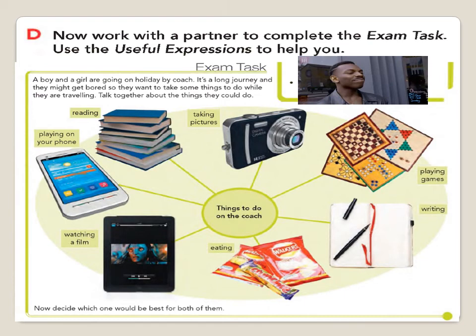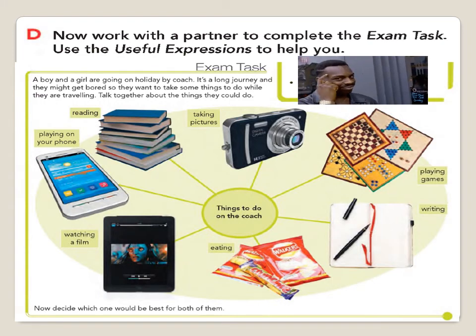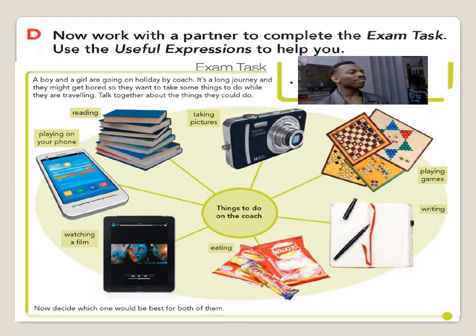So the instruction for the exam task is: a boy and a girl are going on a holiday by coach. It's a long journey and they might get bored, so they want to take some things to do while they are traveling. Talk together about the things they could do. Now decide which one would be best for both of them.